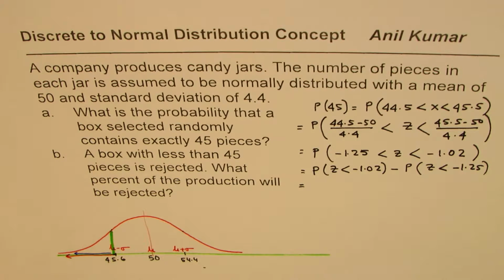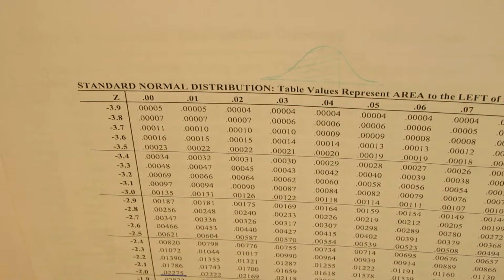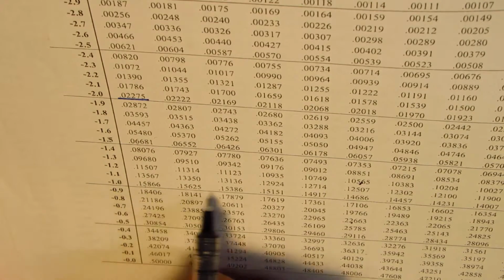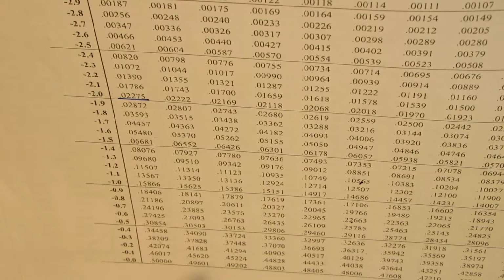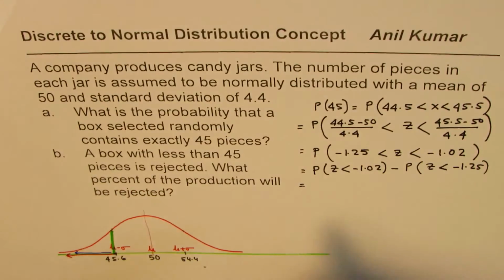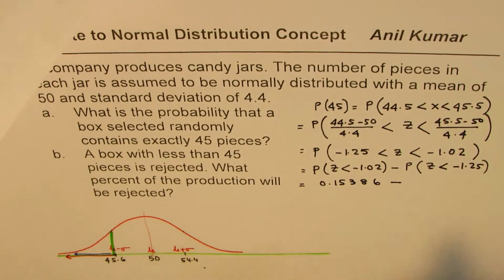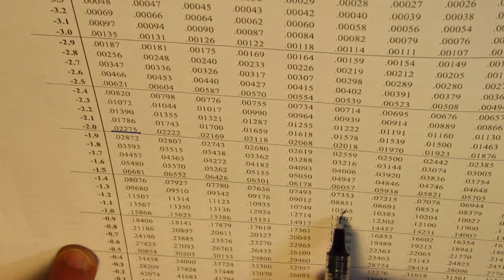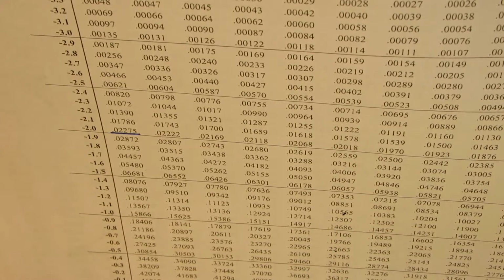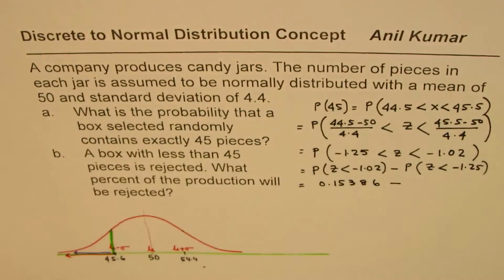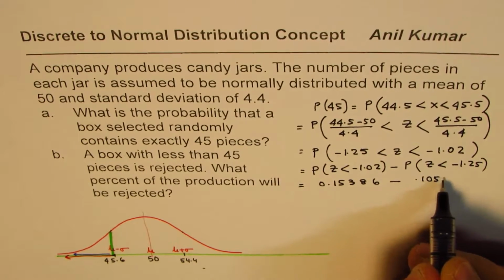So let's read from the standard normal distribution table. We're looking for minus 1.02, right? So minus 1.0 right here, and 2 is the third column, 0.15386. So it is 0.15386, take away minus 1.25. So minus 1.2 and 5 is there, 0.10565, right?